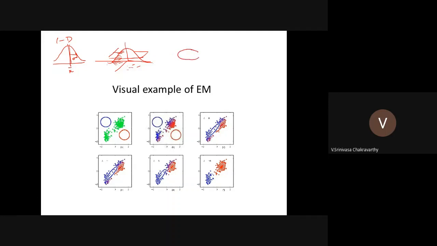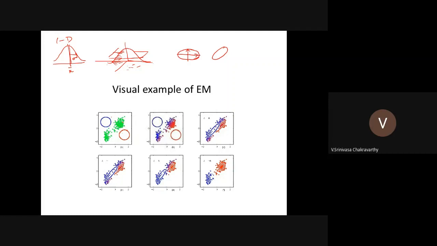In general, it will look like an ellipse, because the variation could be high in one axis and low in another axis. More generally, it can even look like a rotated ellipse. We'll come to all that later. In general, we can try to fit Gaussians in n dimensions to data. In this illustration, you have just two clusters, two clouds of points, and you start with two Gaussians, the blue one and the red one, and each of them is symmetric initially.